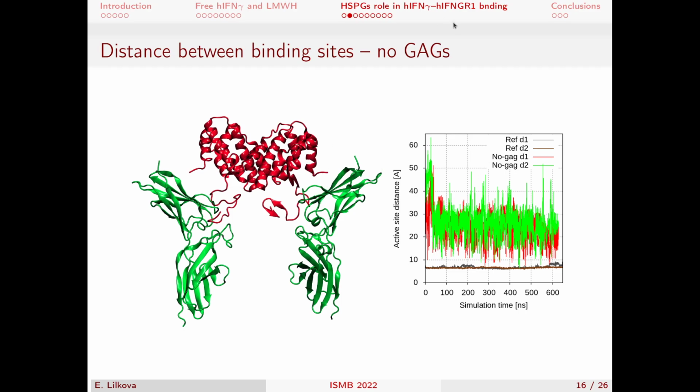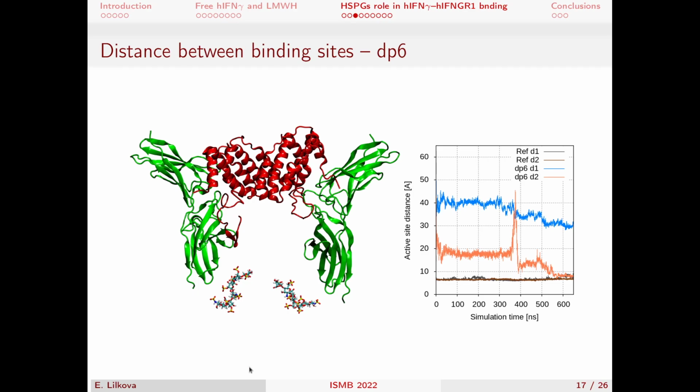As you can see, when we don't have glycosaminoglycans, the positively charged C-termini binds to negatively charged domains here in the receptor molecules and prevent the globule from contacting with the receptors properly, so no complex is formed. Once we add hexasaccharides in between the receptors, they attract the C-termini of the cytokine and pull down the whole globule of interferon gamma in between the receptors.